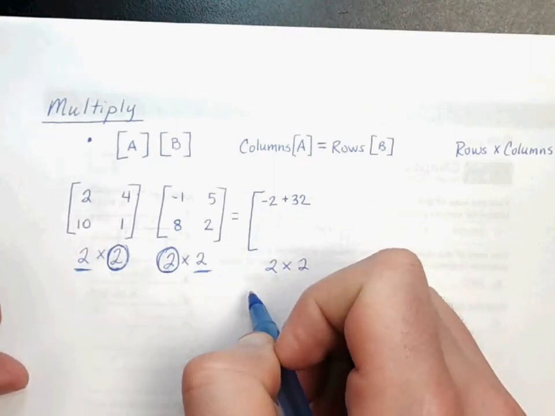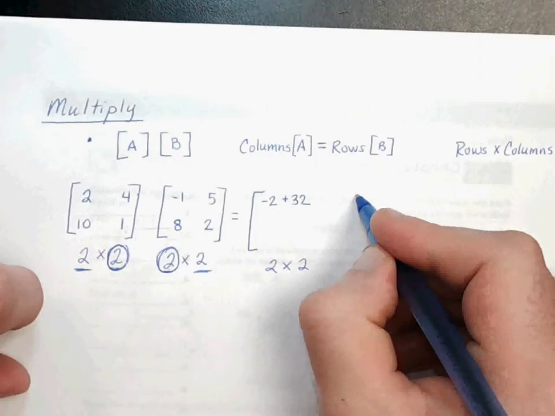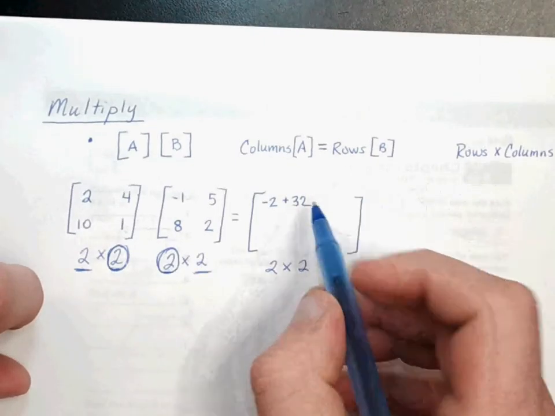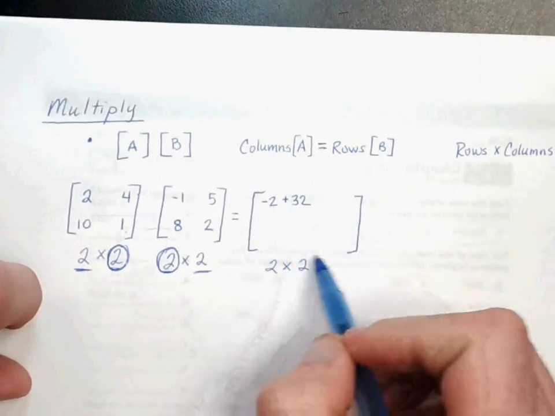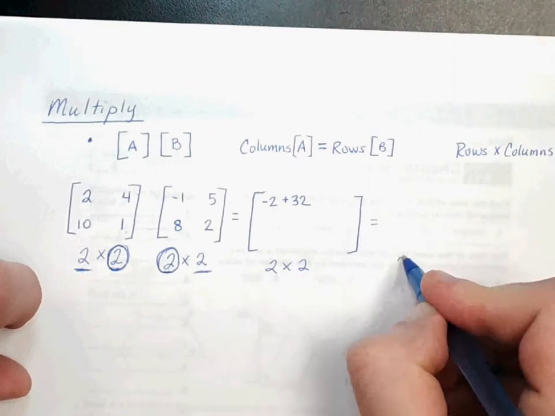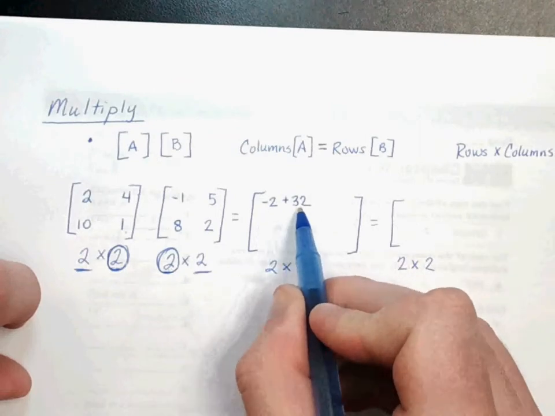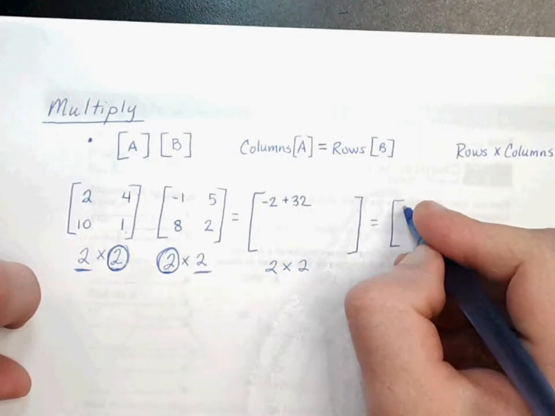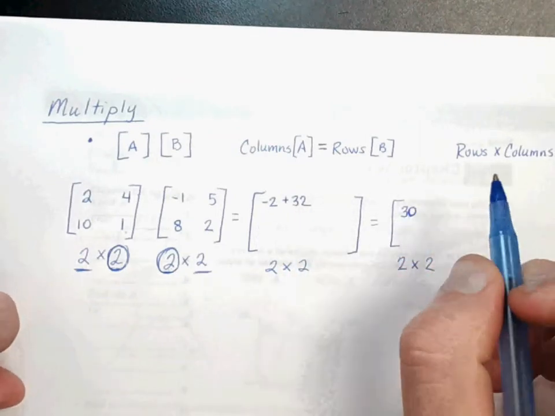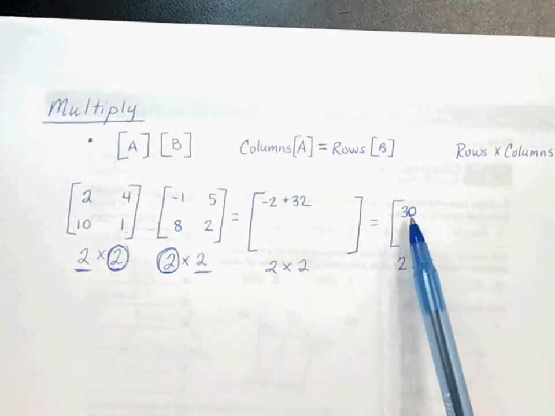Alright? Okay. So this is kind of our scratch work right here. And then this will be our answer, our final answer matrix. So we know that -2 plus 32 gives us 30. Okay. So that's the first element in our answer matrix.